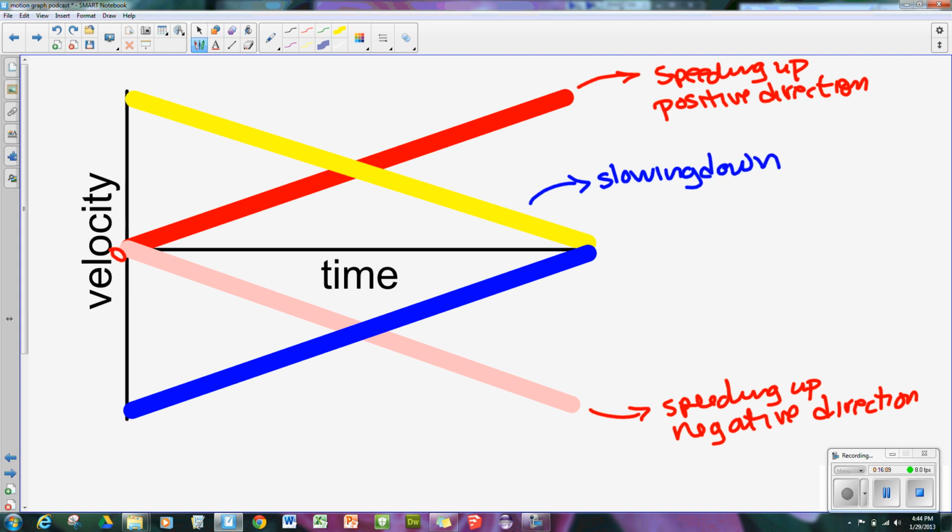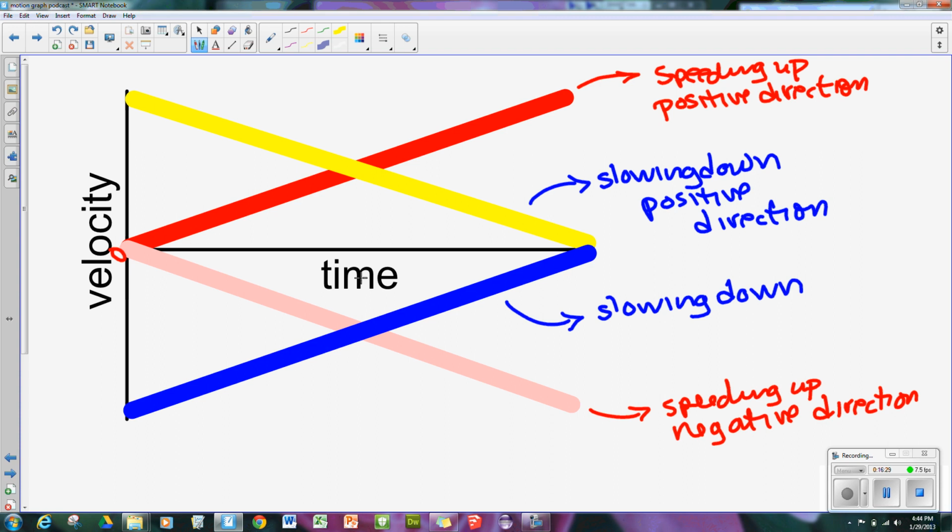It is above the x-axis though, so positive direction. And the blue line is coming from farther away from 0 to closer to 0, so slowing down. But it is below the x-axis, so it is the negative direction.